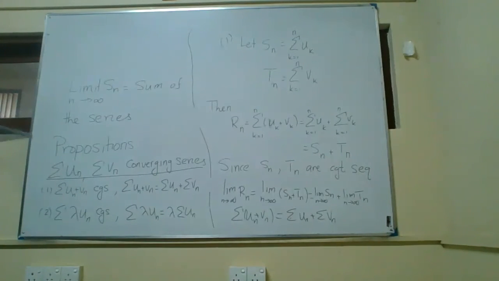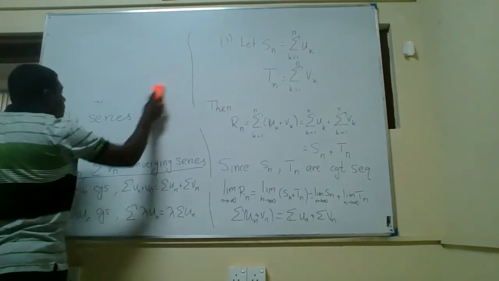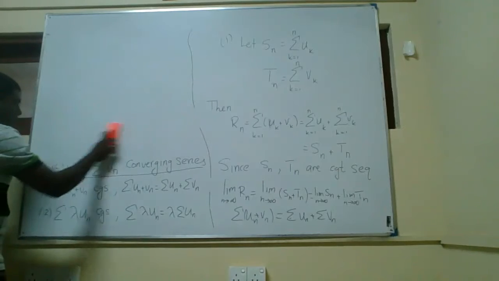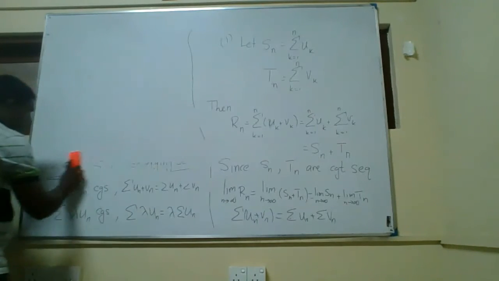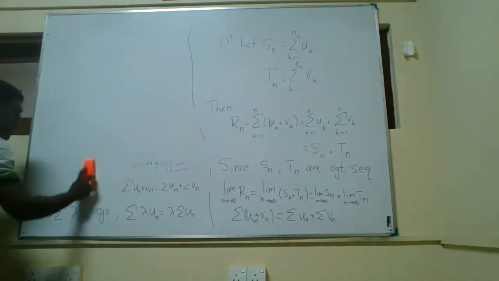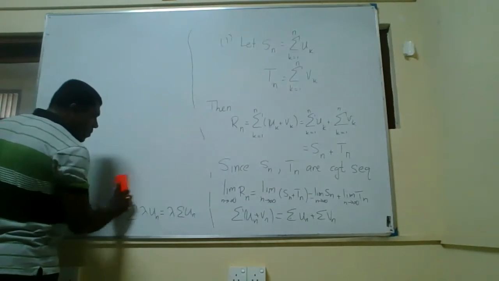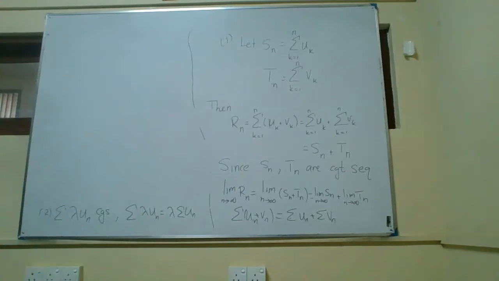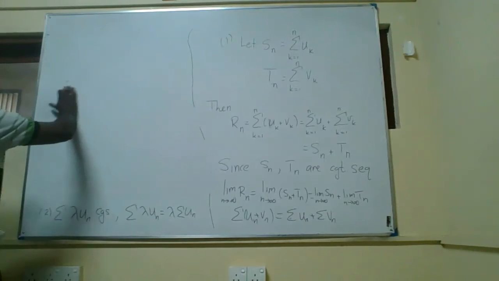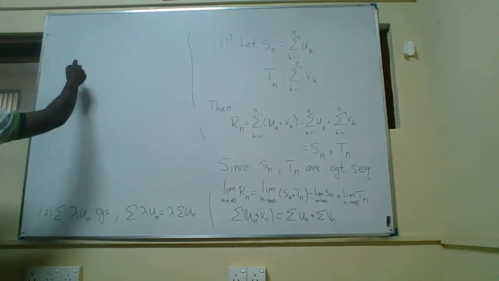The second one is you have to take summation of lambda u. So for the second one, you will see lambda u. Let me name another thing.